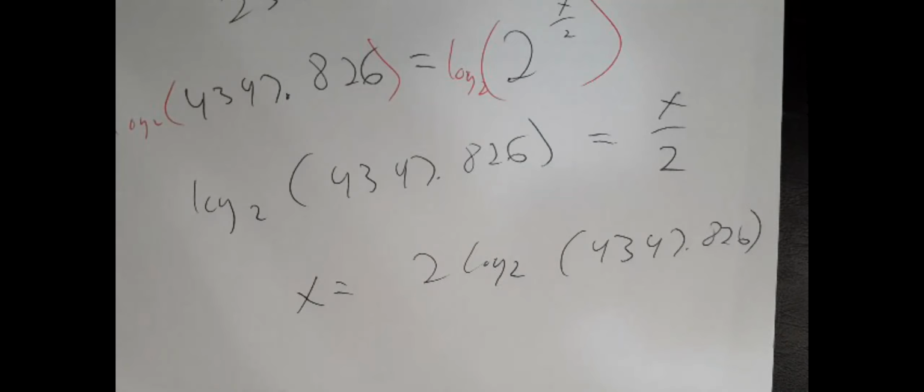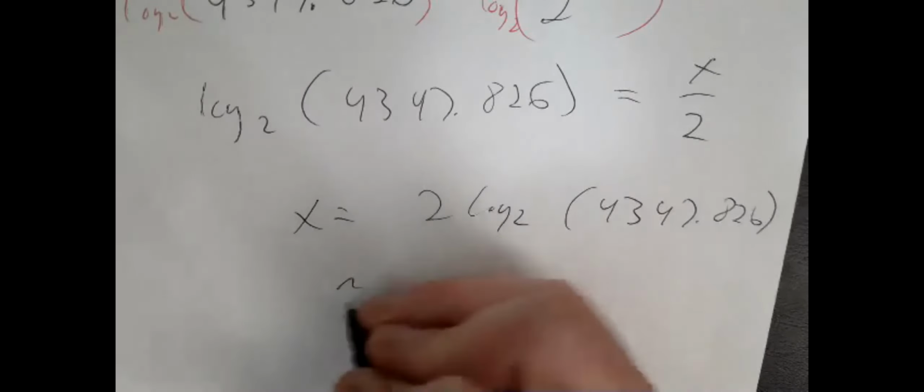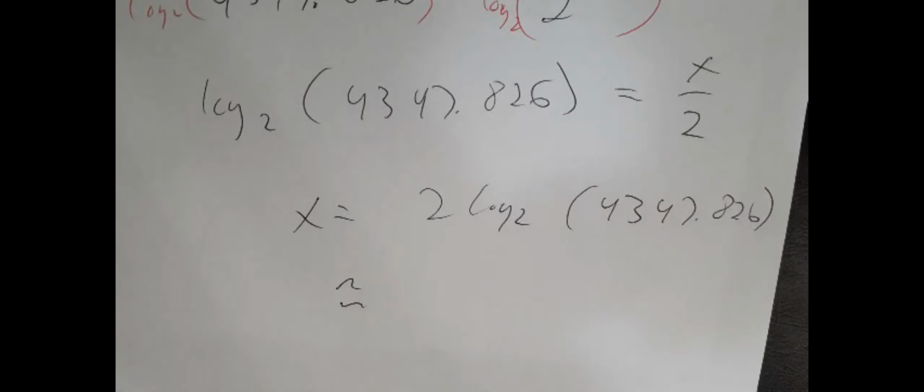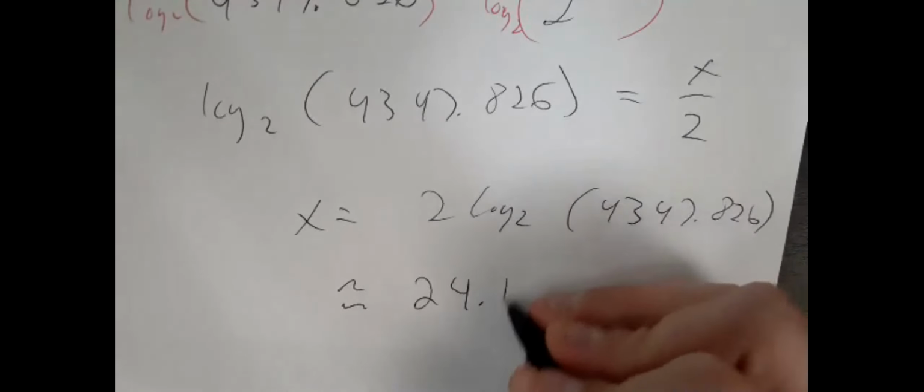You might have to do a change of base formula. Let's see what it is, not rounded, divided by log 2. So 2 times log, big log over little log. Are y'all able to plug this into a calculator and get a solution? I'm getting somewhere around 24.17.